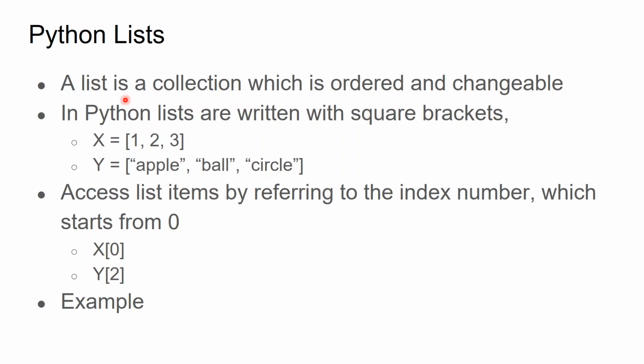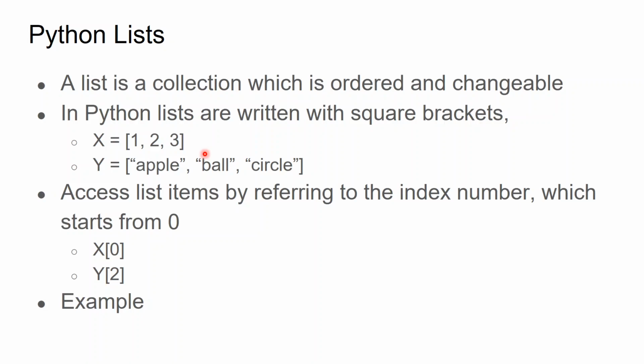In Python, a list is written with square brackets, like this one: s equals left square bracket 1, 2, 3 and right square bracket, and this s is a list of numbered elements.